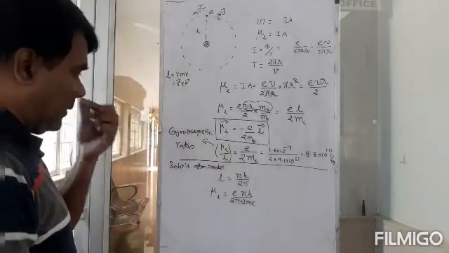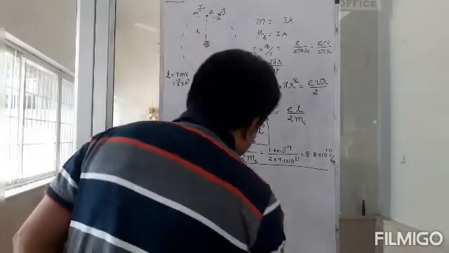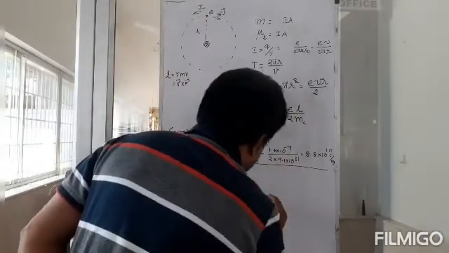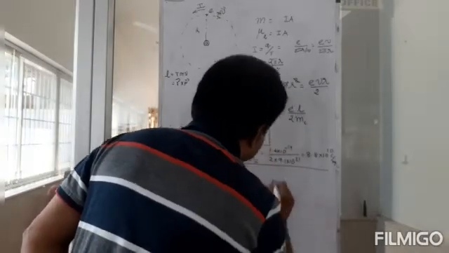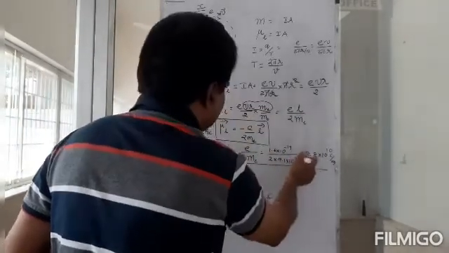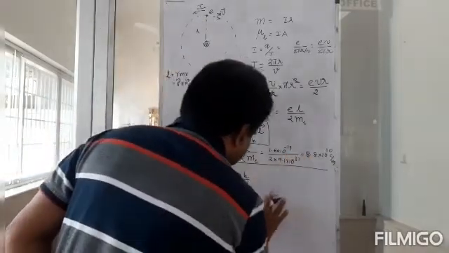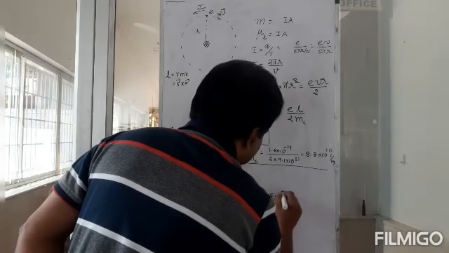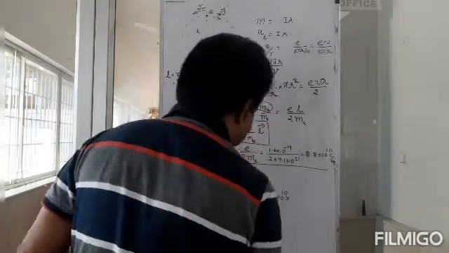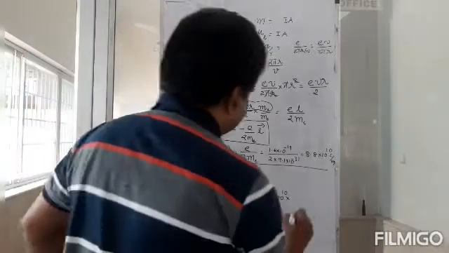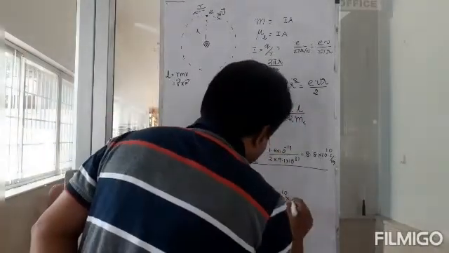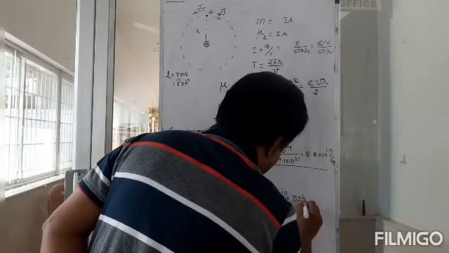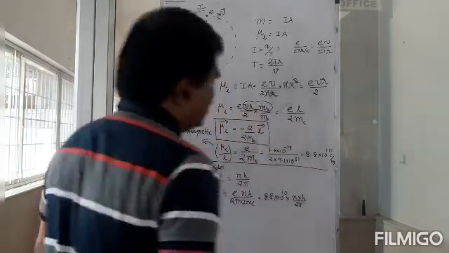Or I can say that e by 2 me, right? e by 2 me we already found. That is 8.8 into 10 power 10 into nh by 2 pi.